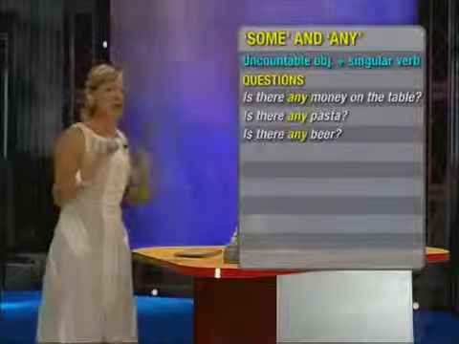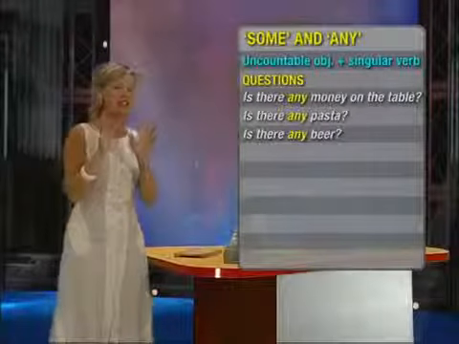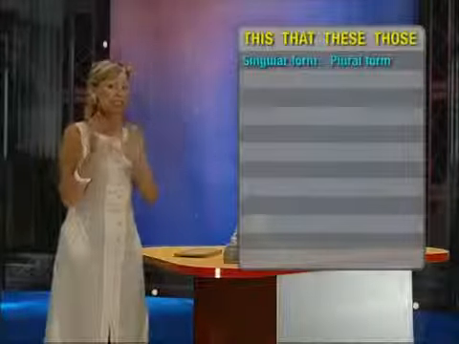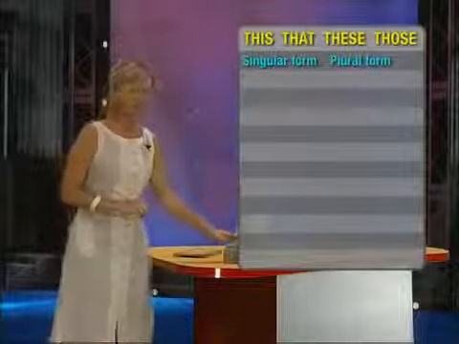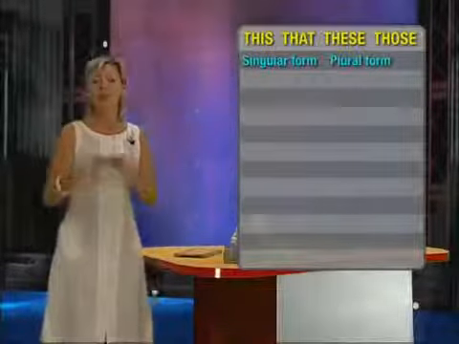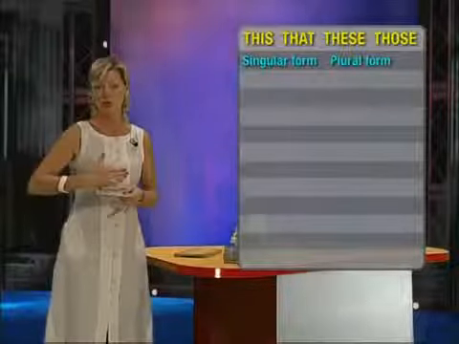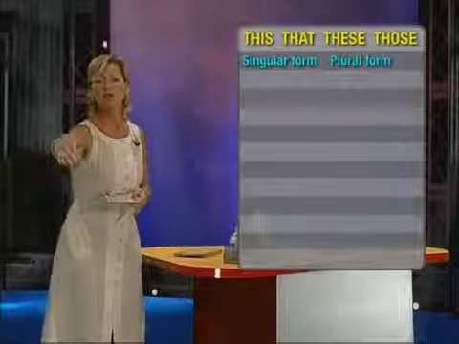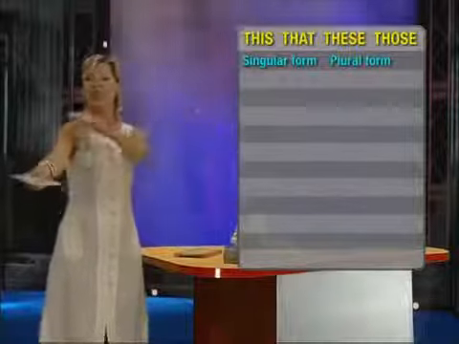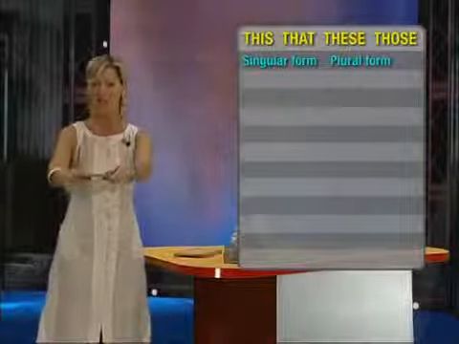Okay? Now, I want to add one more thing to this lesson, and it's the words this, that, these, those. Let me explain. With one object, you say this CD when it's close to you, this CD. But when it's distant from you, far away, you say that CD, this, that.